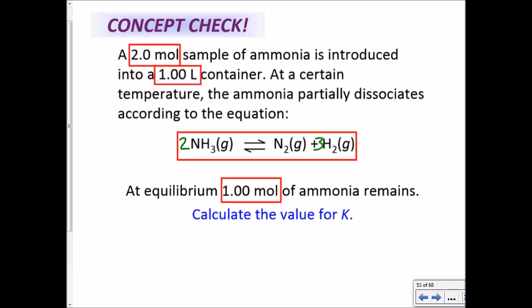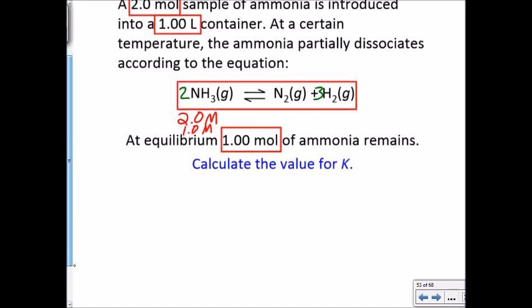So let's look here. Ammonia, if it's 2 moles in 1 liter, we know the ammonia is going to be 2.0 molar, right? And then it tells us 1 mole of ammonia is left, so 1 mole out of 1 liter at the end is going to be 1 molar. Okay, so we know those. We're going to put those in our chart correctly.